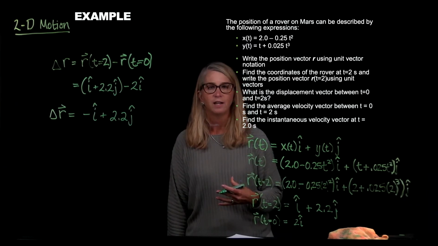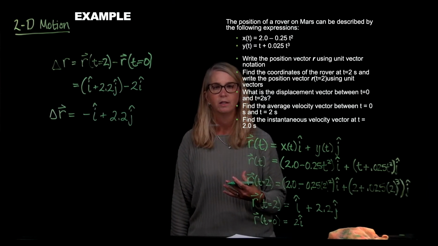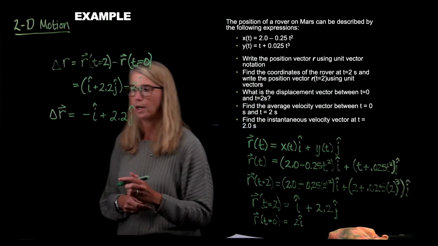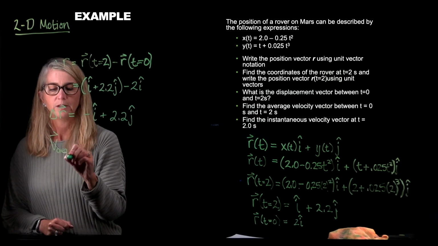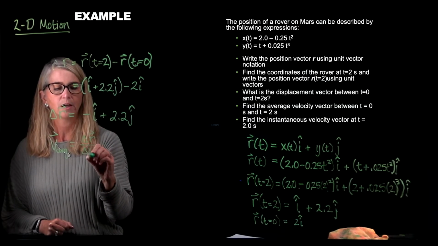My average velocity vector between 0 and 2 seconds, you can see that all this builds on one part after the other, is simply found by taking that displacement and dividing by the delta time.